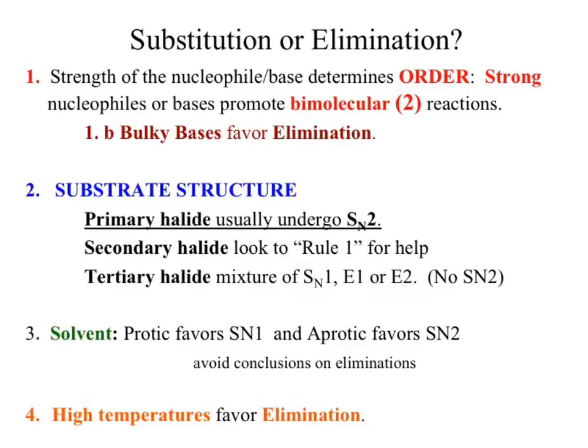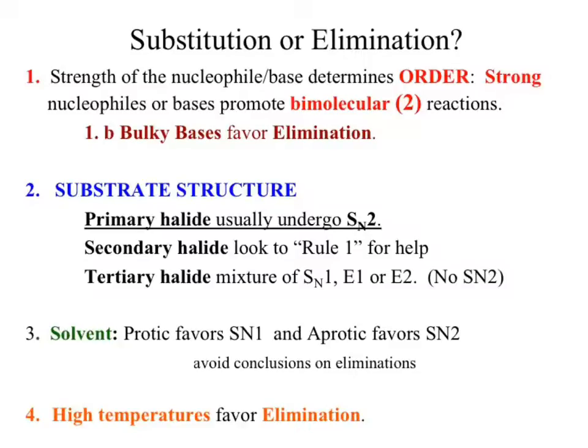After that, substrate structure. Primary halides are a nice one when you look at your substrate, because very typically if you see a primary halide, you're looking at an SN2. There is a small outside chance that it could be an E2, sorry. But it's relatively limited. Secondary halides, life just sucks, stop looking at it. The secondary halide will do everything.